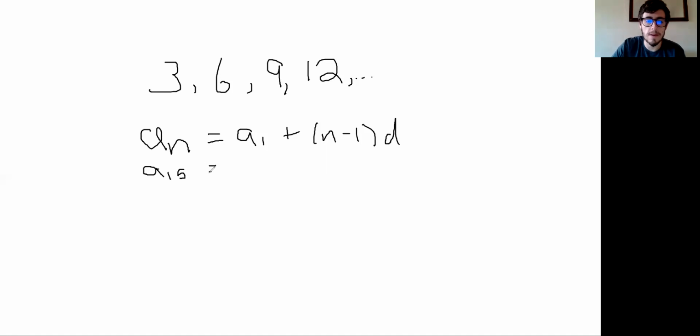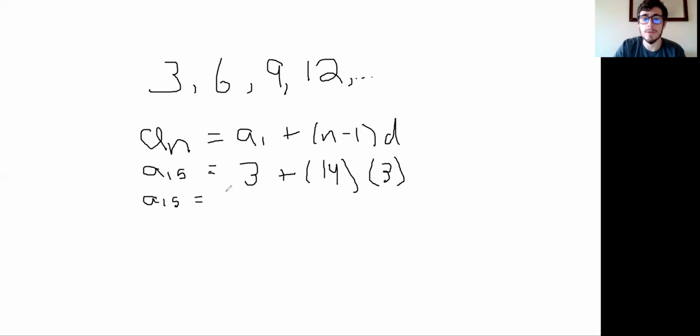So the 15th term is the first term, which is 3, plus n minus 1, which is 14, because my n is 15, times d, which in this case is the common difference. It's going up by 3 every time. So that's 42 plus 3, so 45.